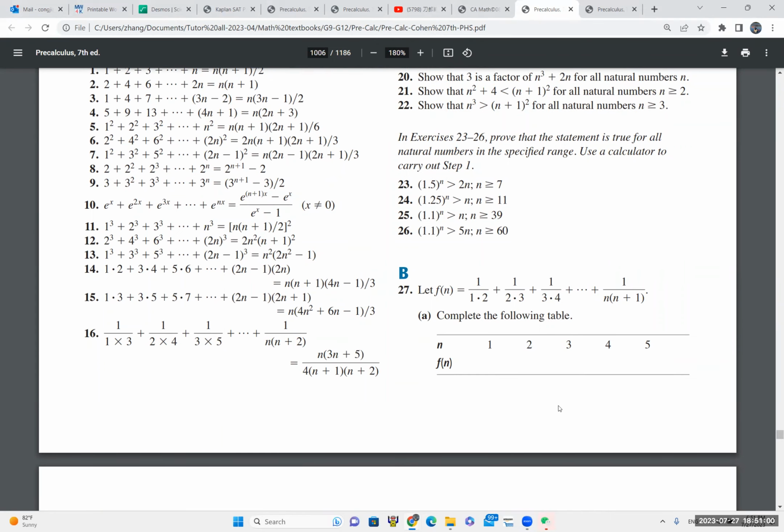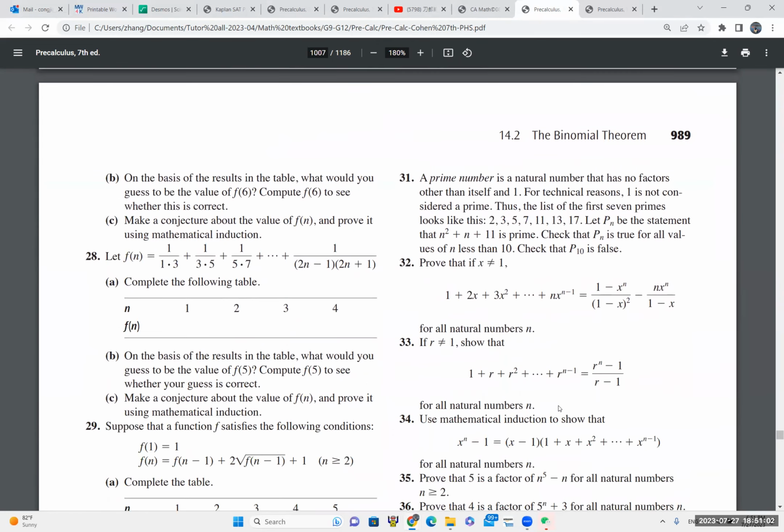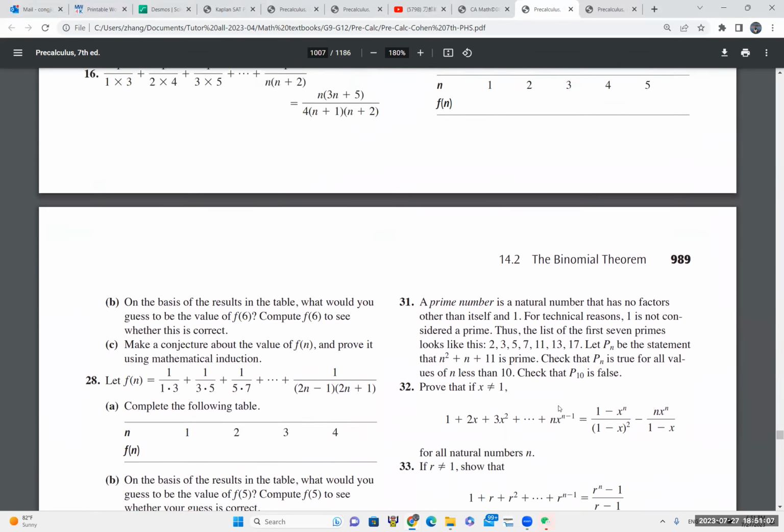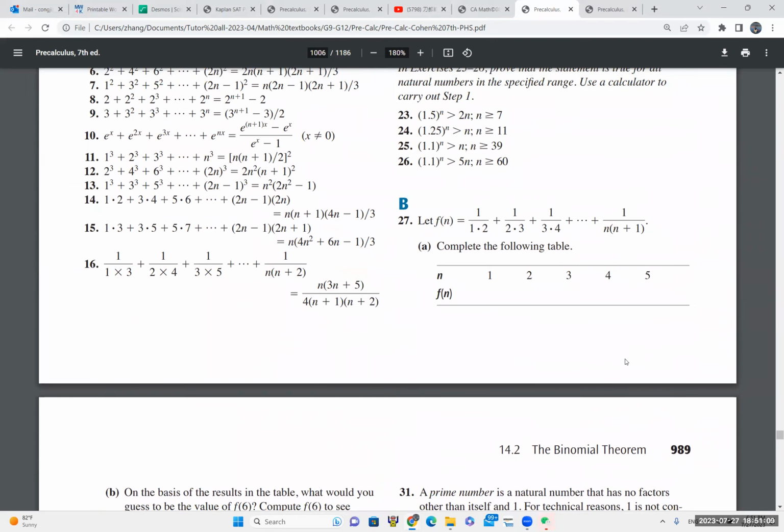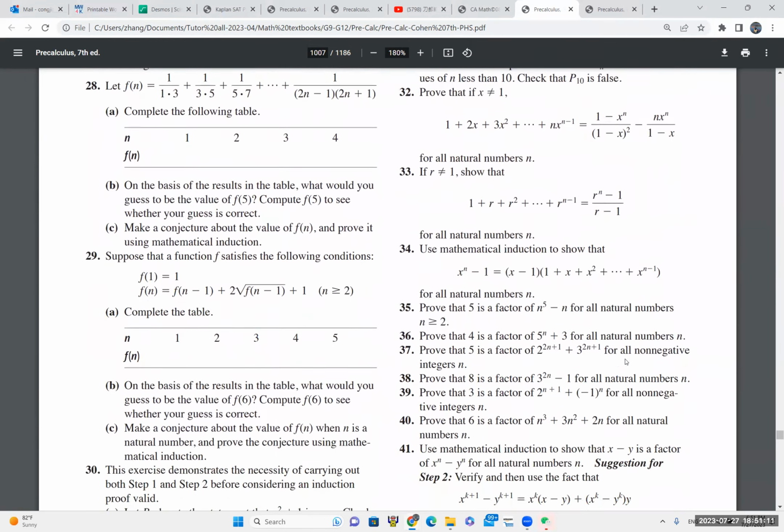Complete the following table. Yeah, how about we just try, maybe we can find another one.